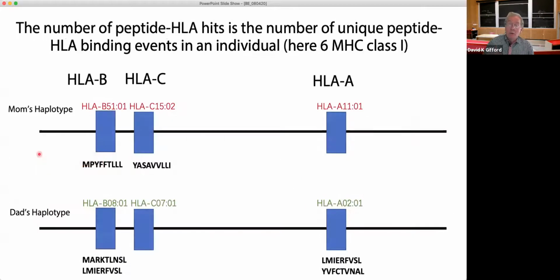Now, going back to our diagram of the class 1 HLA system, you can see that of the peptides from the virus, we have 6 different display opportunities here, or what we call peptide-HLA hits, which is the number of unique peptide-HLA binding events in an individual that we observe. And so given a particular genotype, which is the combination of two haplotypes, we can predict the number of hits that we're going to get from a candidate set of peptides.